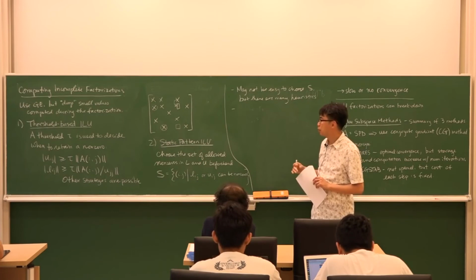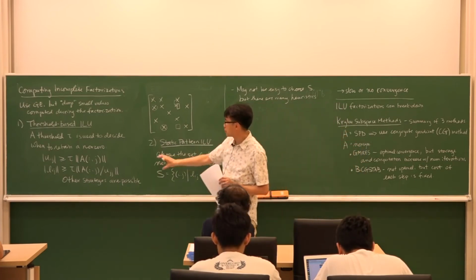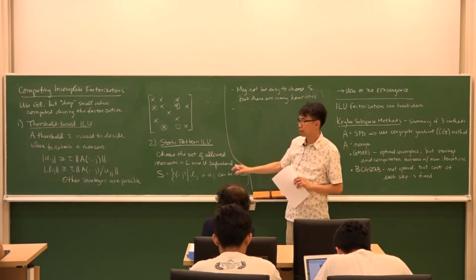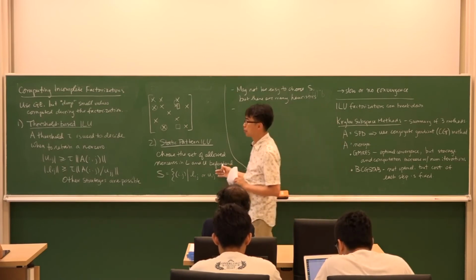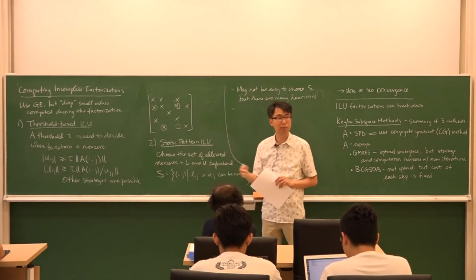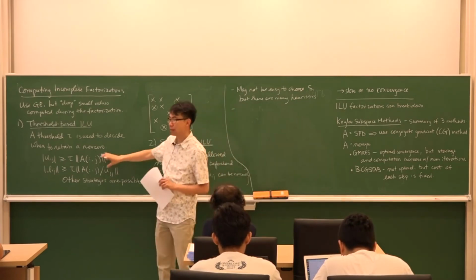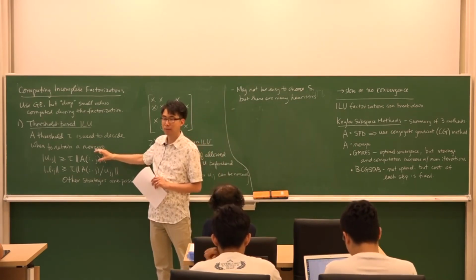One advantage of using static pattern ILU versus threshold is that these factorizations are a lot more efficient to compute than the threshold ones because the data structures are completely static. The data structures don't change. Here the data structures have to change because you're going to insert new non-zeros, and that could be expensive.